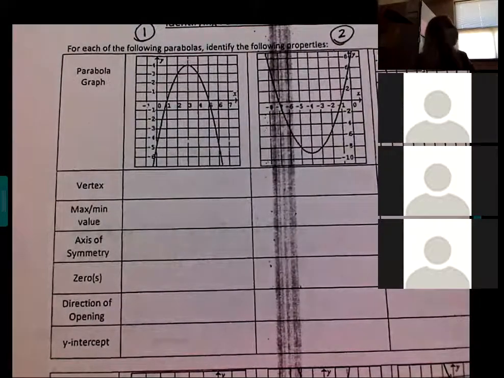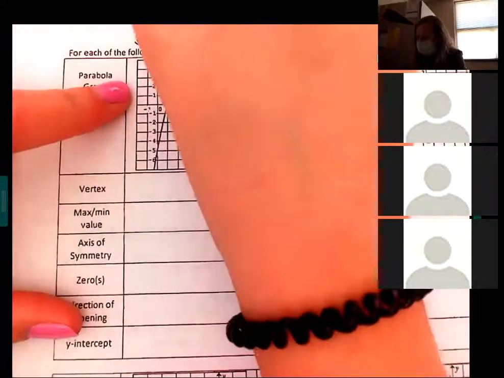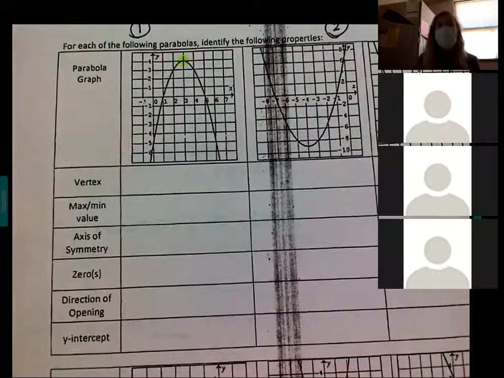Where do I look for the vertex? Look on the front. Somebody tell me what the vertex is. The turning point. So where do you see the point? It'll either be at the top or the bottom. Where's the point on this one? It's at the top. Good. I'm calling it a point, which means it should have an X and a Y. Can somebody tell me what the vertex point would be?